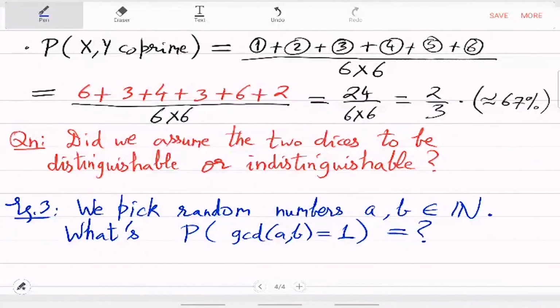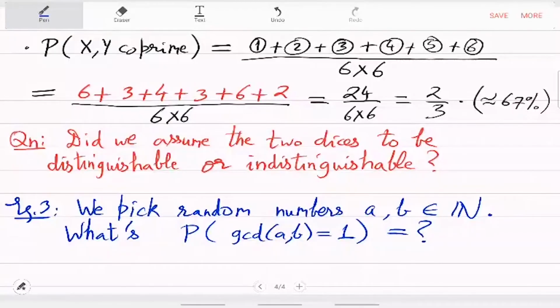Right? So this is a question similar to what you just saw, but the difference is that there A and B were between 1 and 6. So you picked something out of the 36 possibilities and you did the explicit calculation. But what will you do here? Here now it's not just 6 possibilities, it's infinitely many possibilities. Right? So does it make sense to even talk about probability?